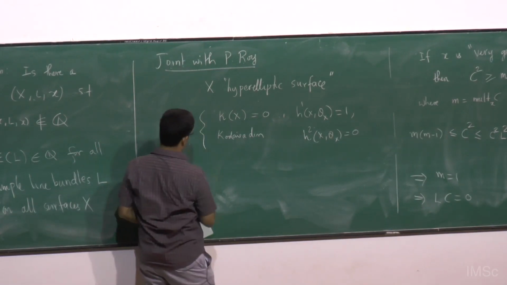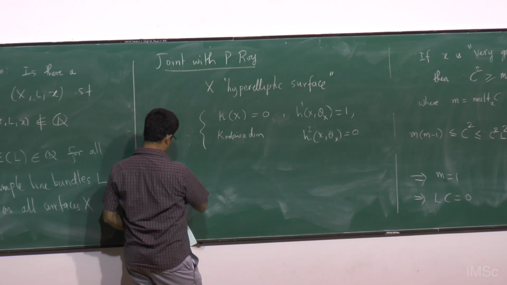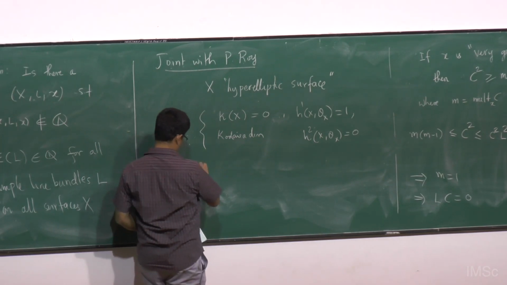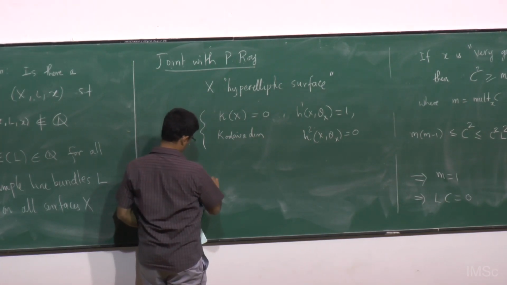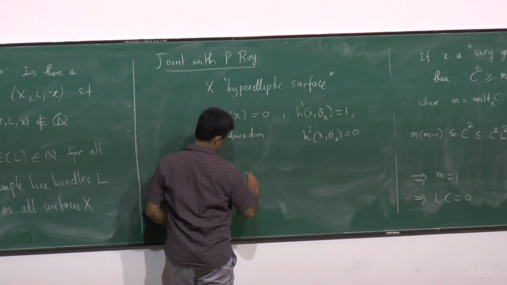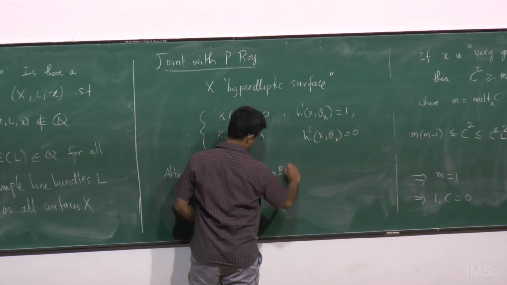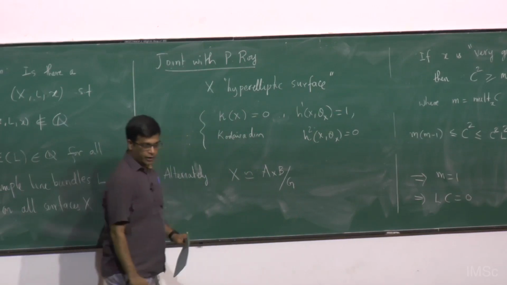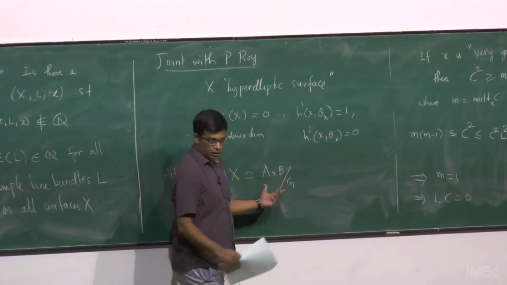Alternately, one can characterize them by saying X can be written as a finite group quotient of a product of 2 elliptic curves.